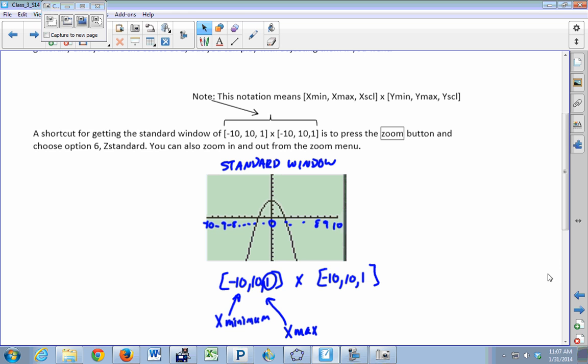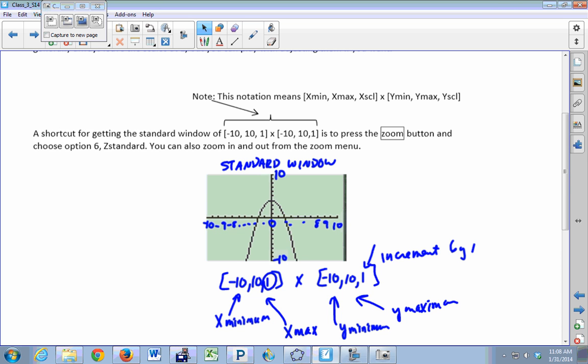Okay, so you're incrementing by 1. Same is true for the next box that has your 3 numbers in it, except it's your y minimum value, your y maximum value, and your increment by 1. Okay, so this is 10 on top and -10 on bottom.